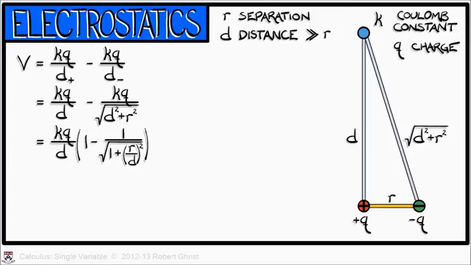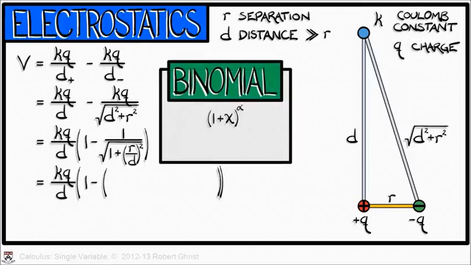Well, at this point, we can try to expand that out using the binomial series. Recall, the binomial series is for something of the form (1 plus x) to the alpha. In this case, alpha is negative 1/2. We're looking at 1 over the square root of something.